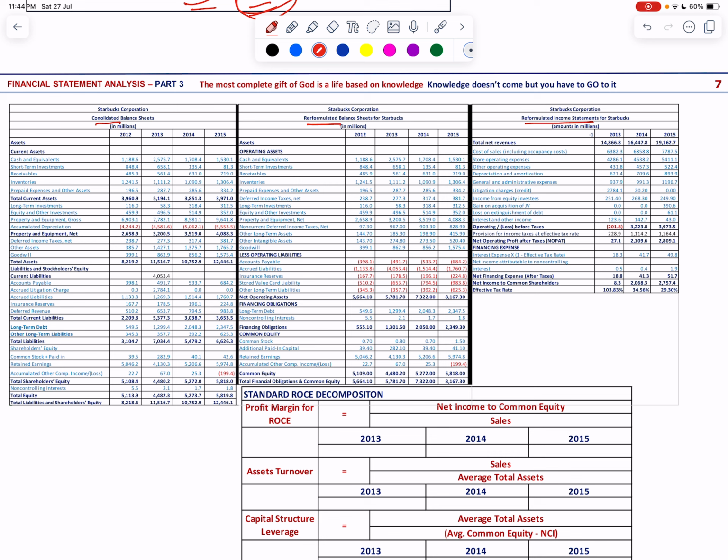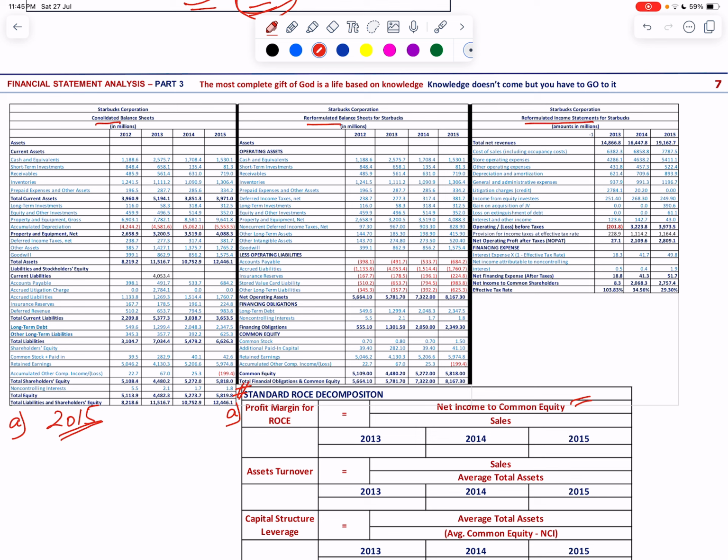First of all, we will go for the standard return on capital decomposition, and the first one is the profit margin ratio, that is net income to common equity, or to shareholders, divided by sales. I put this as A. For A, I will be making these calculations for the year 2015.